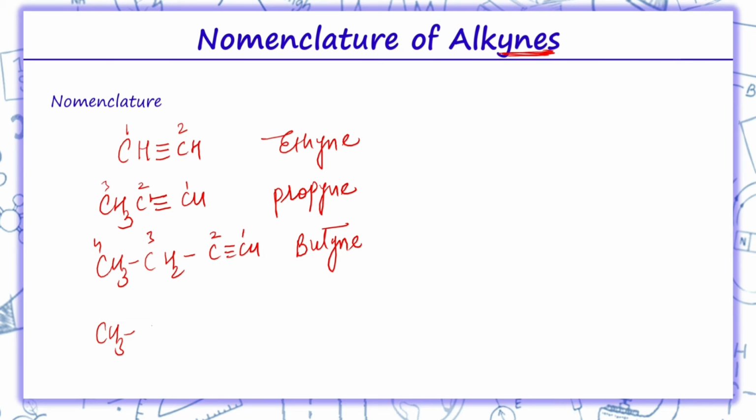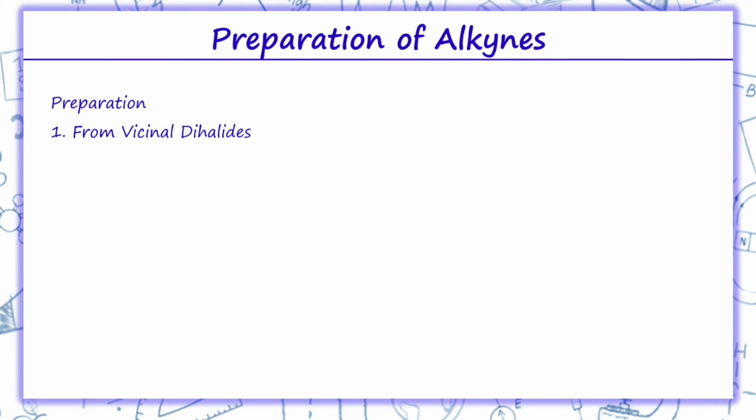Then again CH3 C triple bond C CH3, again 4 carbons are there, but this triple bond is on the second carbon, so its name will be 2-butyne. So this is how nomenclature of alkynes is done.